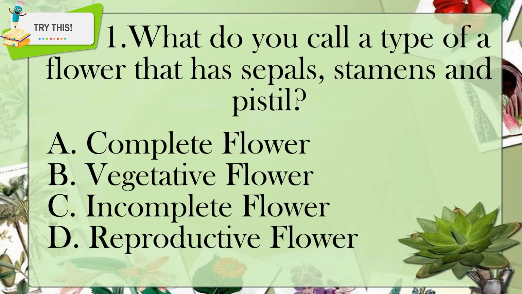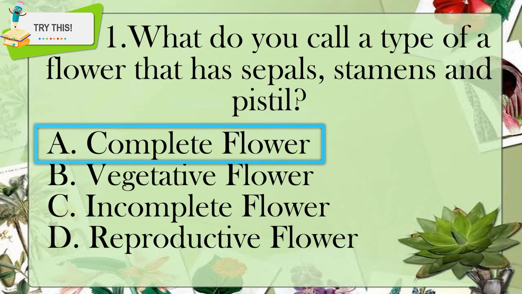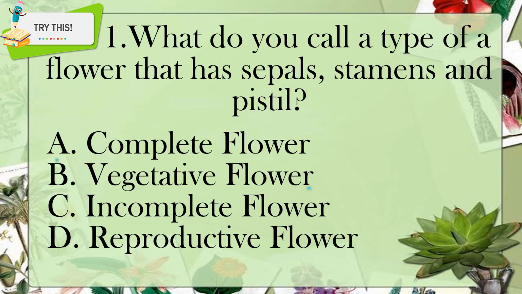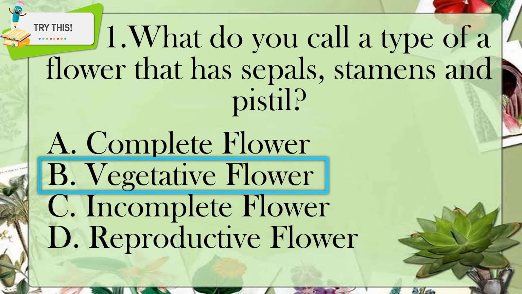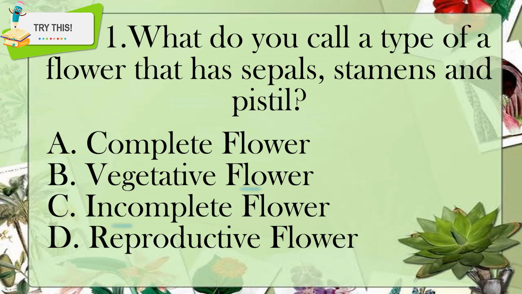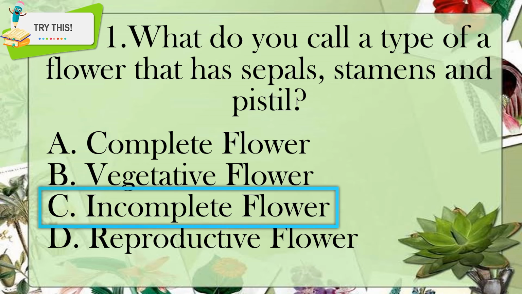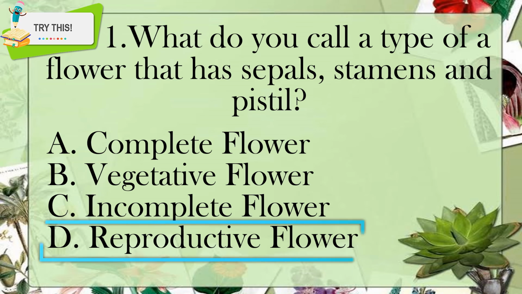Number 1. What do you call a type of a flower that has sepals, stamens, and pistil? A. Complete flower. B. Vegetative flower. C. Incomplete flower. Or D. Reproductive flower.